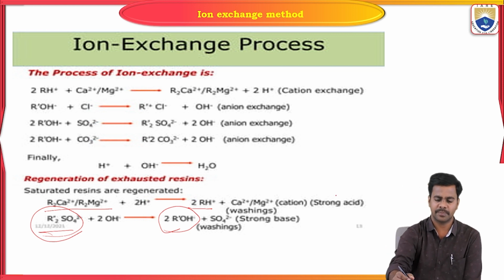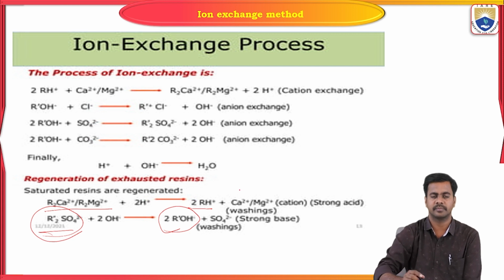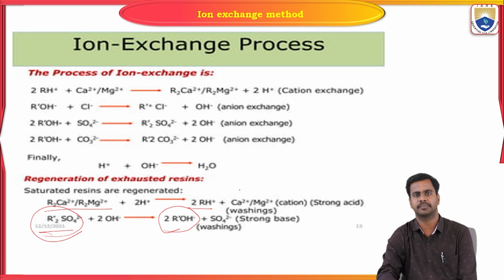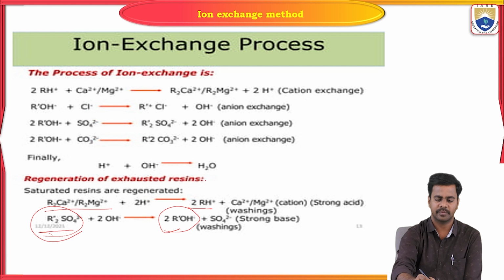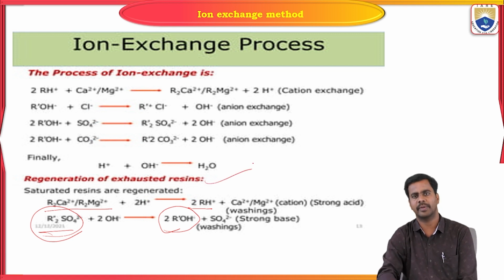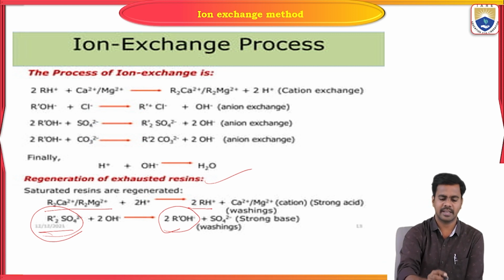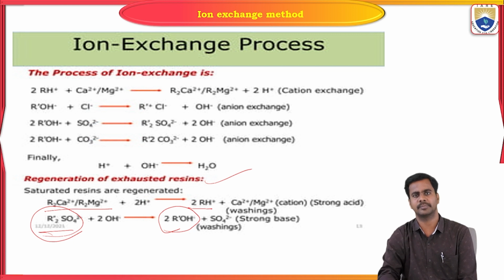So these two steps are known as regeneration of resins. Why? Because in these steps we can regenerate both cationic resin and anionic resin. Cationic resin is regenerated by passing HCl solution and anionic resin is regenerated by passing NaOH solution.